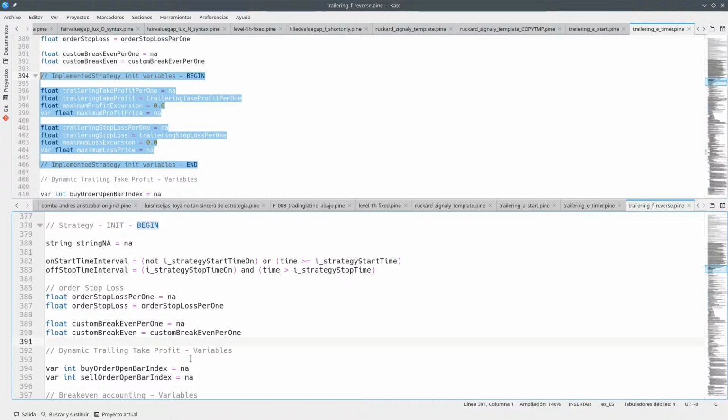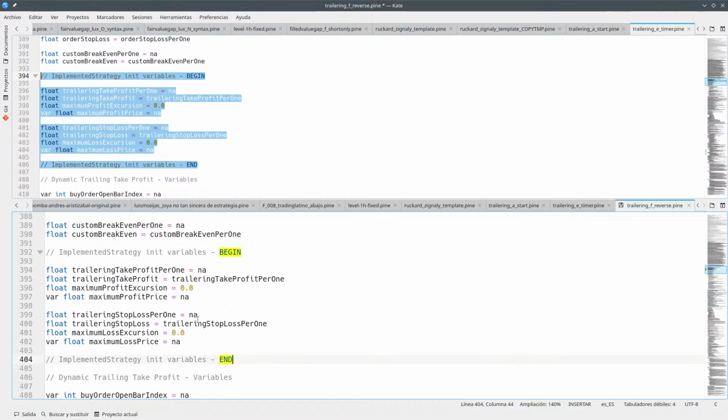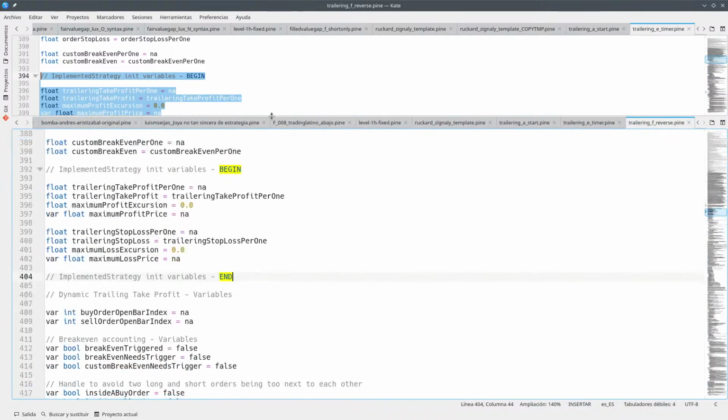So the idea is that you put everything into here. You have the same thing that you had before. However, let's take a look at what we have here. So we've got this trailing take profit per one, trailing take profit, maximum profit excursion, maximum profit price, stop loss. Okay, we need everything from here.